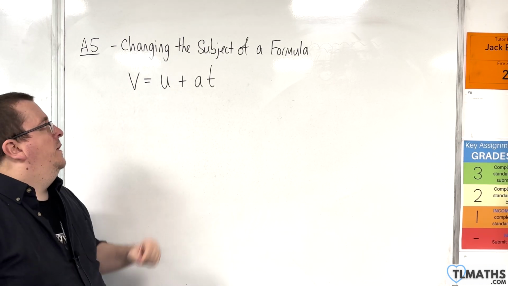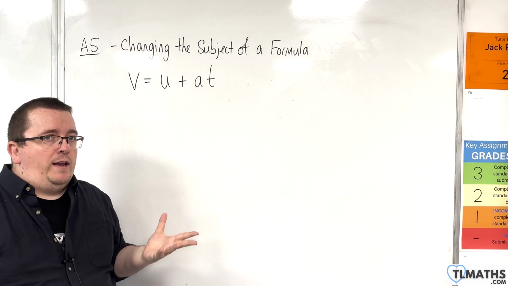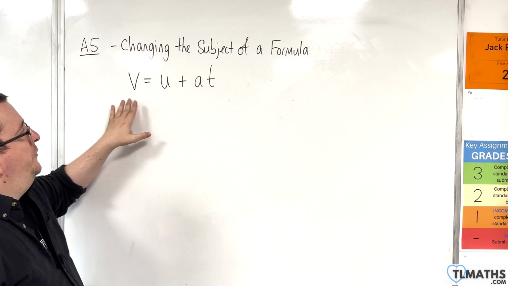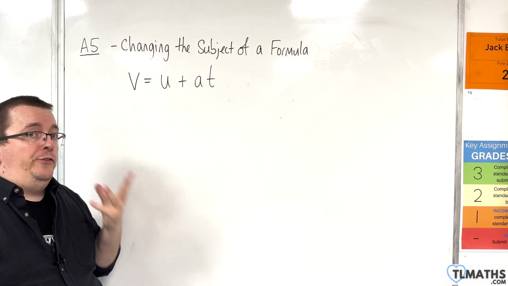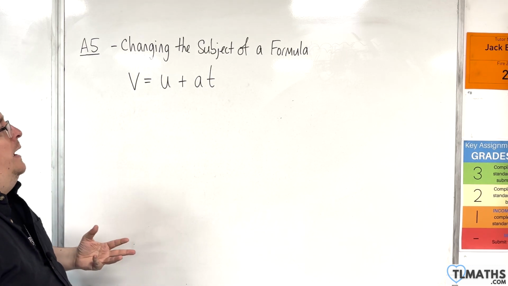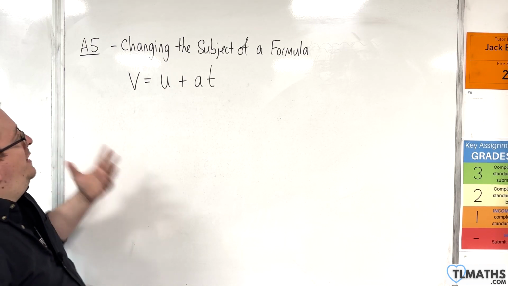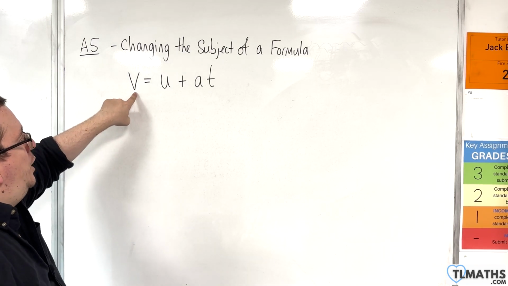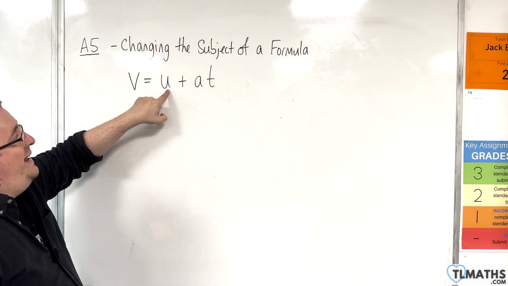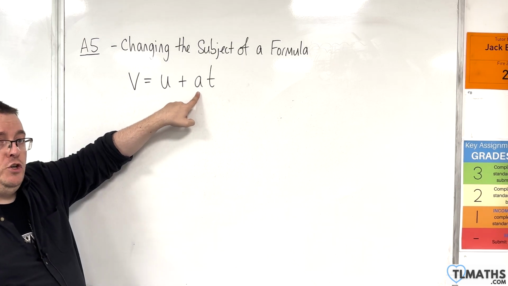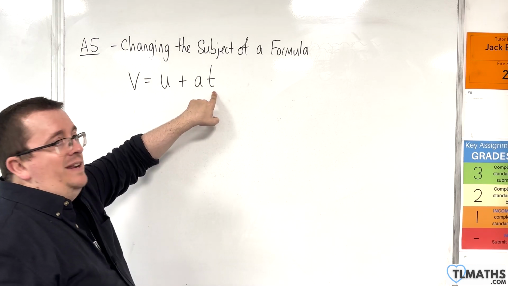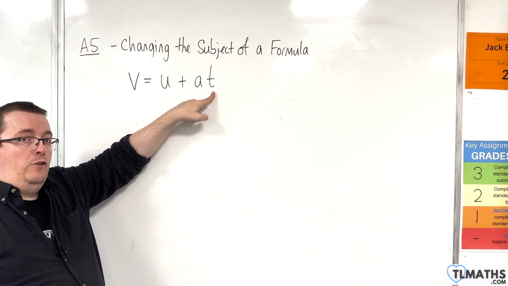Now, this formula you may recognise. This is one of the constant acceleration formulae, otherwise referred to as a SUVAT formula. The idea is that it relates the final velocity of a particle with its initial velocity, the particle's acceleration, and the length of time over which it is accelerating.